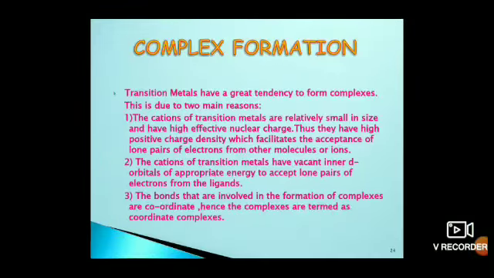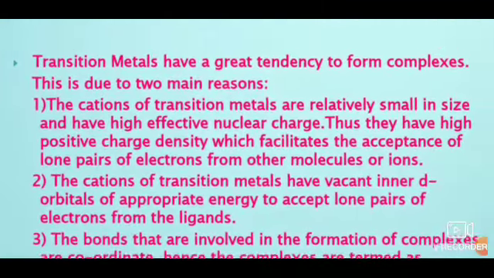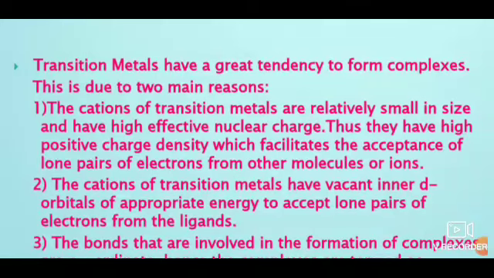Next comes complex formation. The transition metals have a great tendency to form complexes. In turn, this is due to two main reasons. The cations of transition metals are relatively small in size and have high effective nuclear charge. Thus, they have high positive charge density, which facilitates the acceptance of lone pairs of electrons from other molecules or ions.